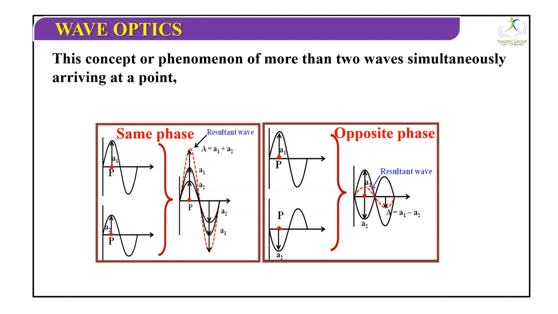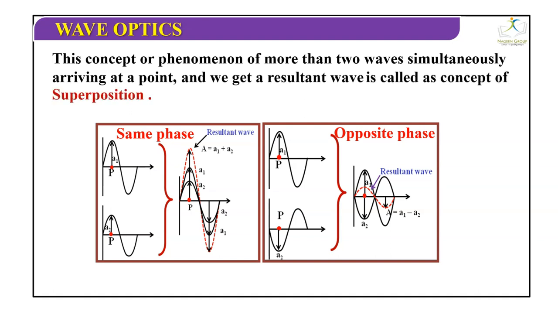This phenomenon of two or more waves simultaneously arriving at a point was first introduced by Huygens, and the resultant wave is called the concept of superposition.